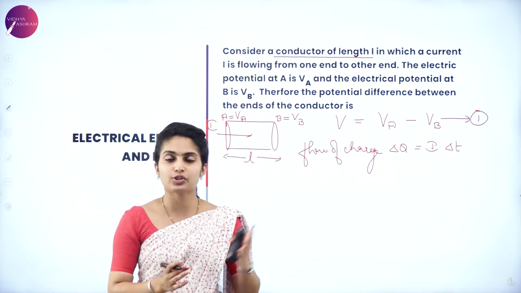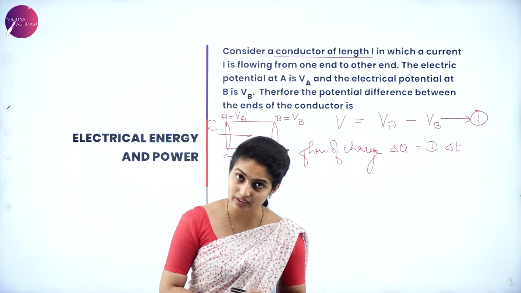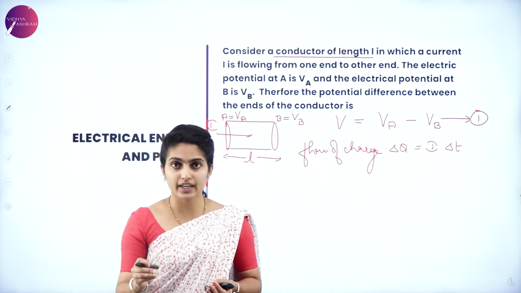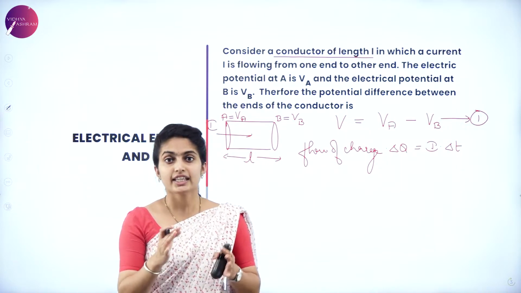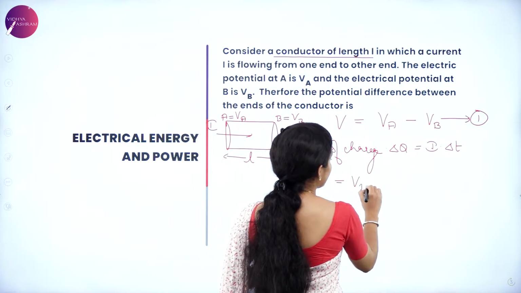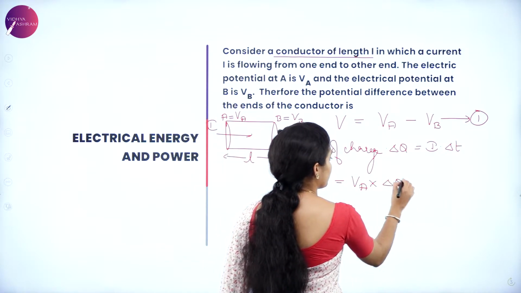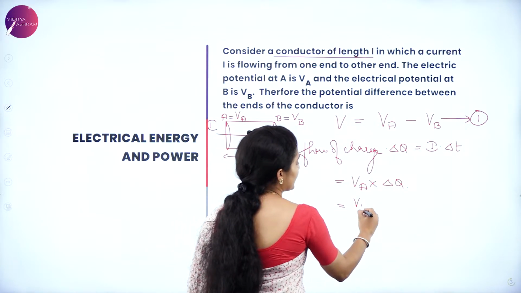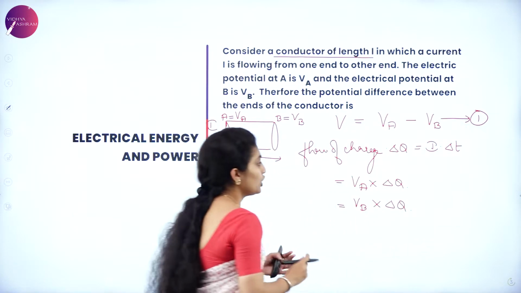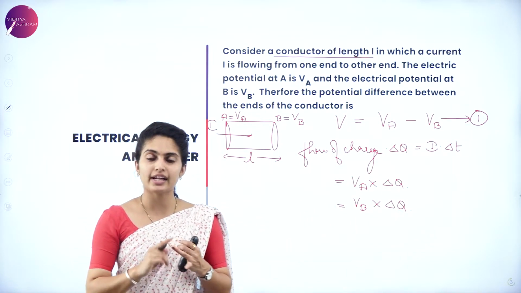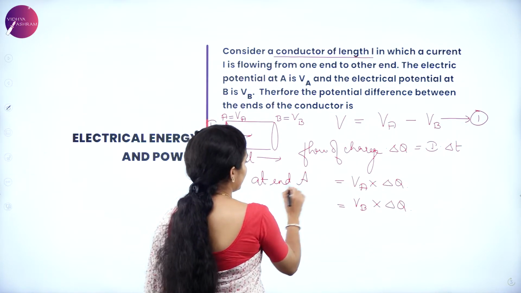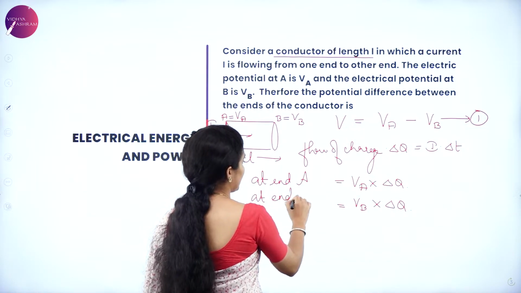On changing the sequence, you get delta Q equal to I into delta T. Then suppose at end A there is a potential of VA, then the charge flowing through it can be given as VA into delta Q. Similarly, at end B we have VB into delta Q. So we have two equations, at end A and at end B.